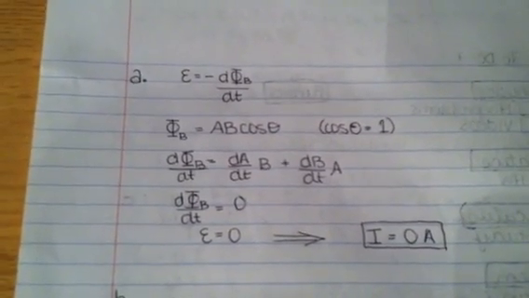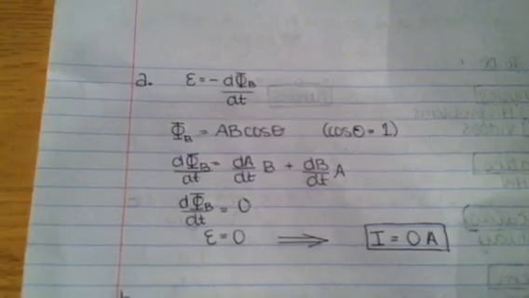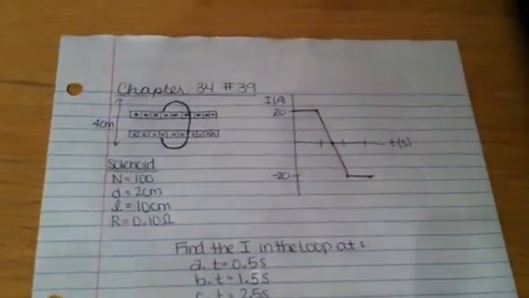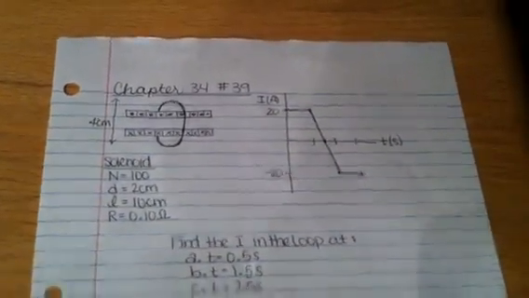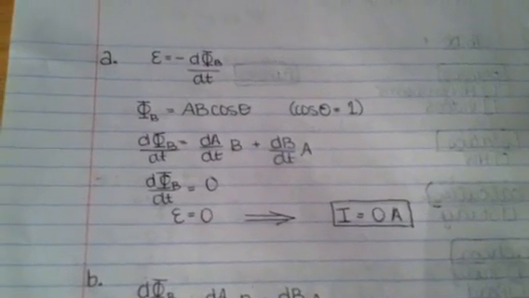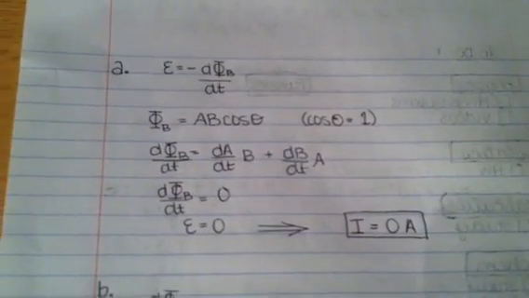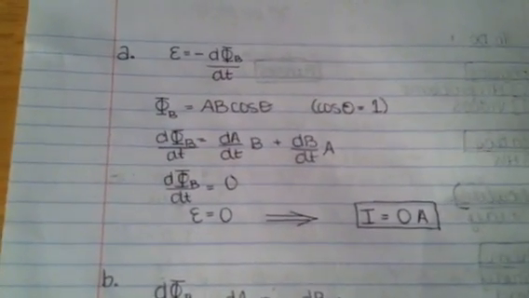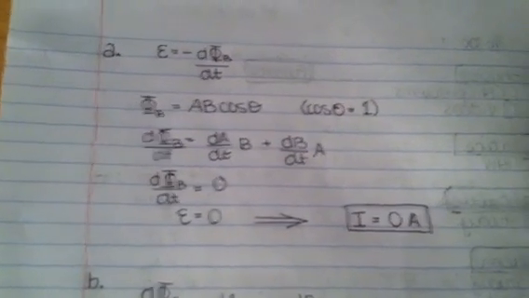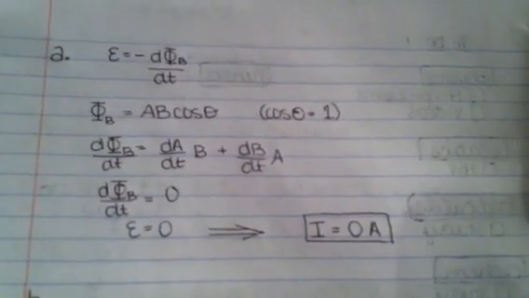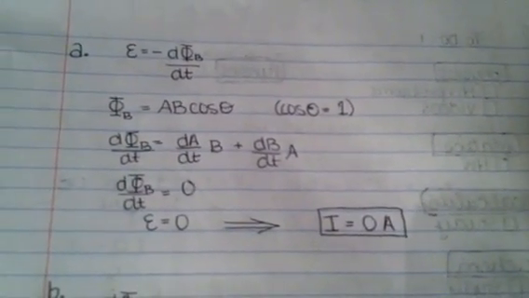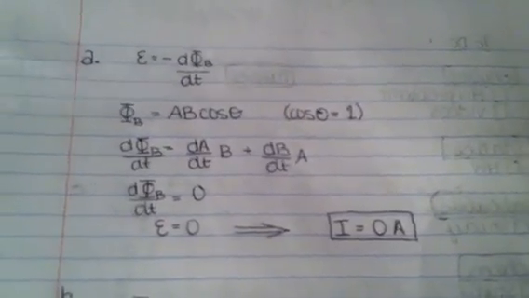And because the magnetic field is also not changing, according to our graph, since the slope is 0 for t equals 0.5 seconds, our magnetic field is also not changing. So d phi dt is equal to 0, which means our voltage is equal to 0, thus meaning our current is equal to 0. So for part A, I is equal to 0 amps.